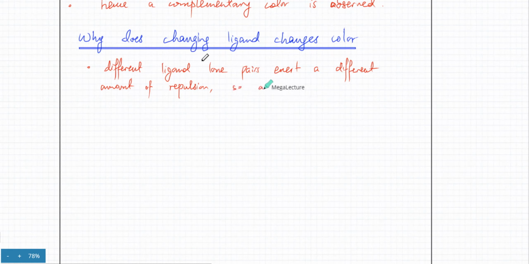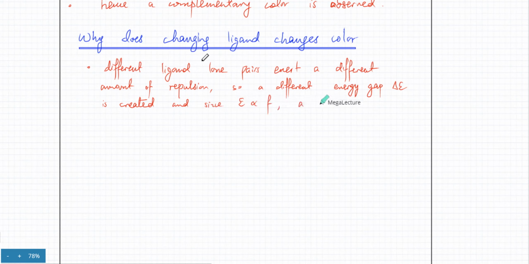And because of that, a different energy gap delta E is created, and since obviously E is proportional to frequency, a different frequency from the visible spectrum is absorbed.